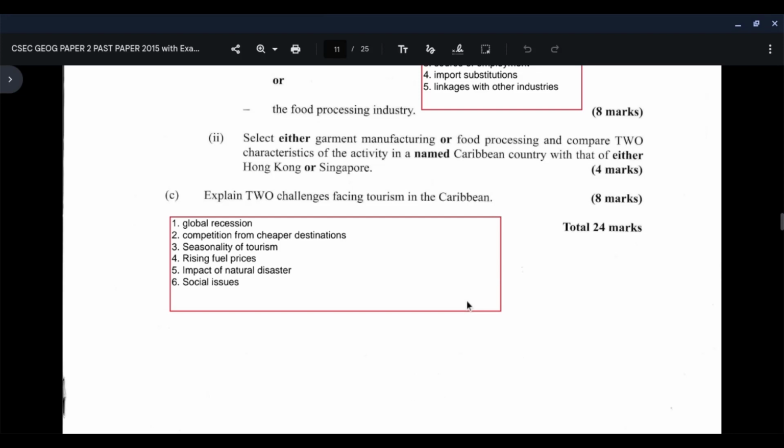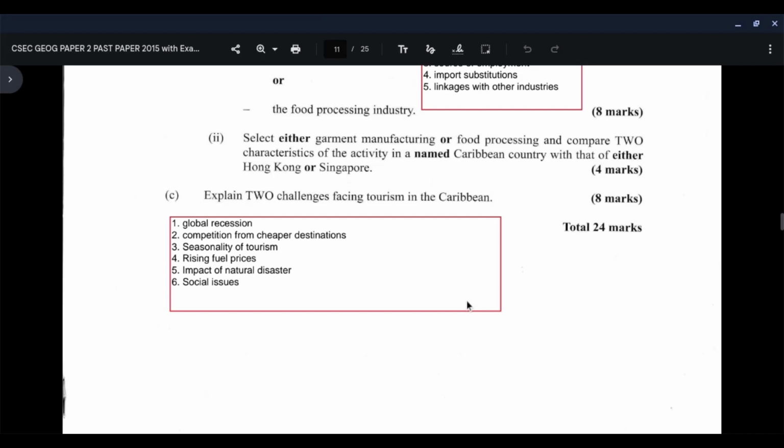Social issues are usually linked to the tourism industry. For example, a lot of tourists, when they come to the Caribbean, are victims of social issues such as robberies, murders, theft, substance abuse, because of the influence that the tourism industry has on some of the locals.